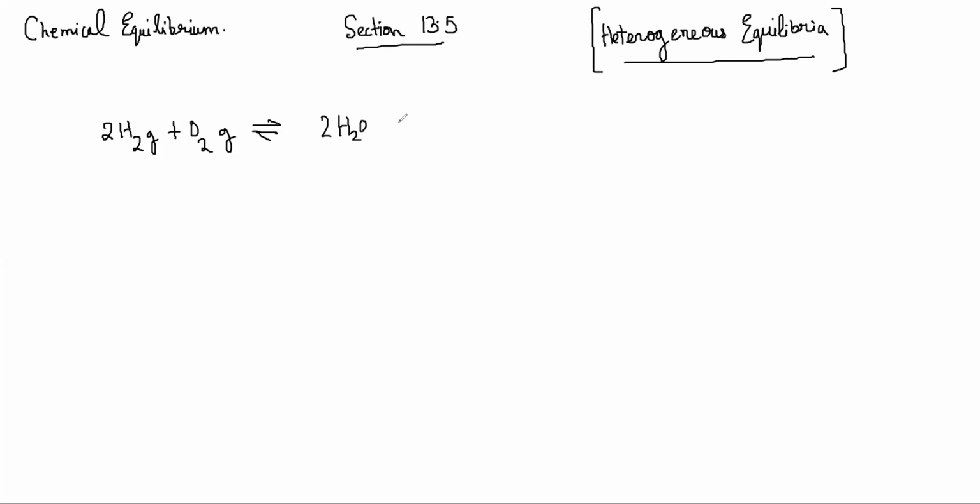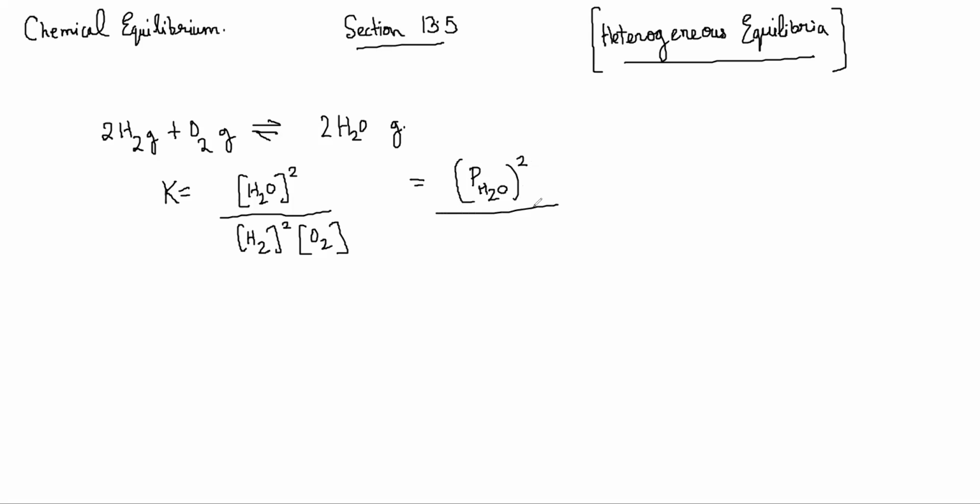So if this is the reaction, your K for this reaction is [H2O] square by [H2] square and [O2]. You could also write this in terms of partial pressures: pressure of H2O square by pressure of H2 square and pressure of O2.